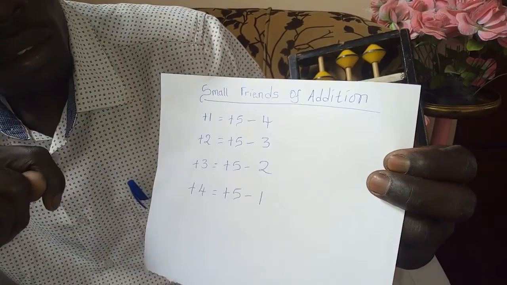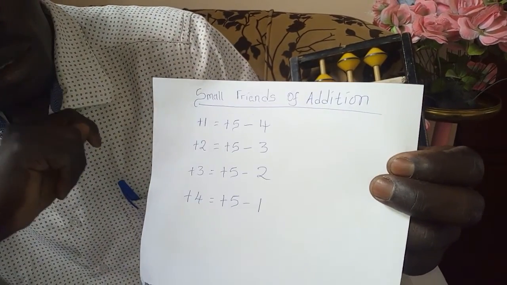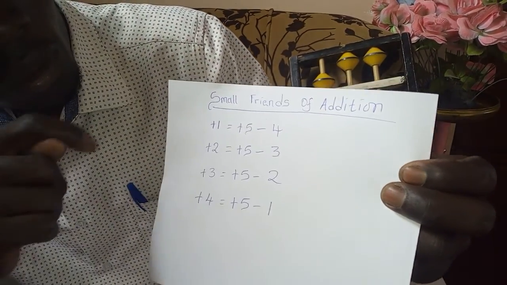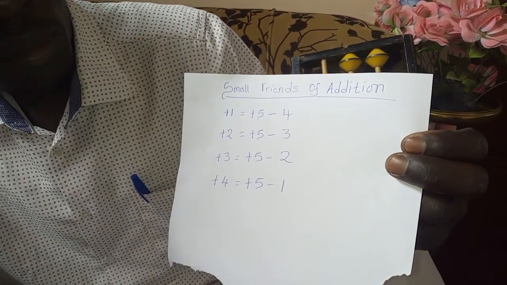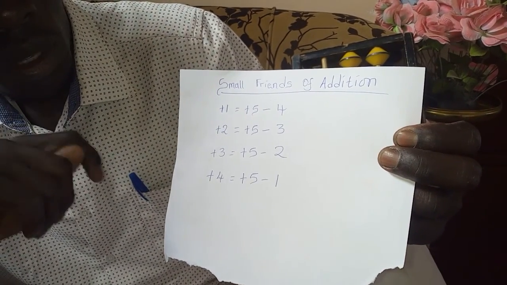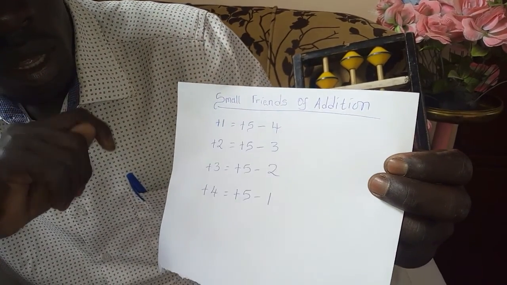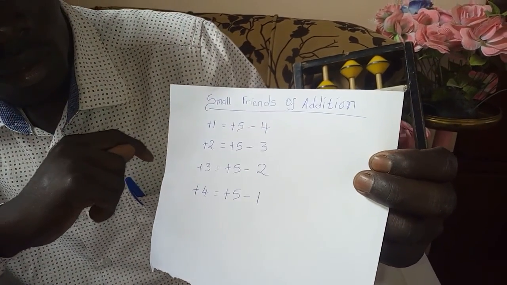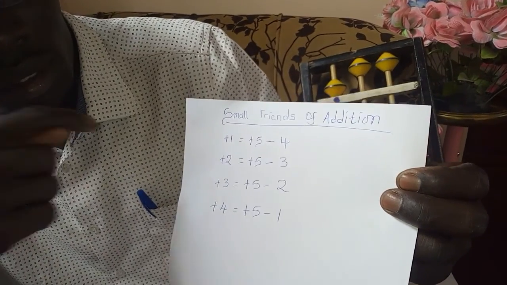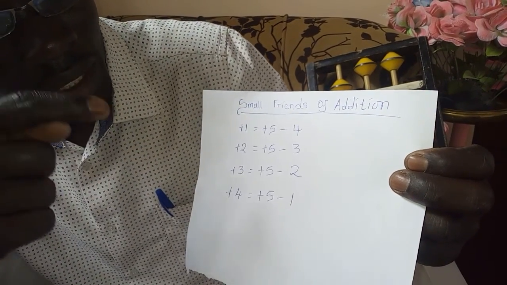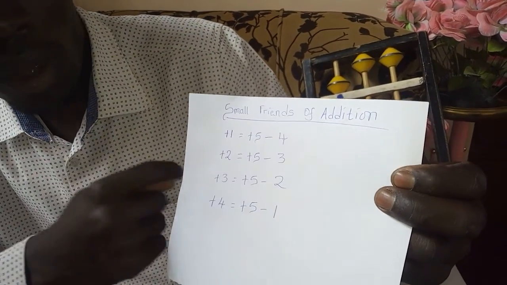I add 5, I less 3. If I want to add 3 and beads are not there, I add 5, I less 2. If I want to add 4 and my beads are not there, I add 5, I less 1.